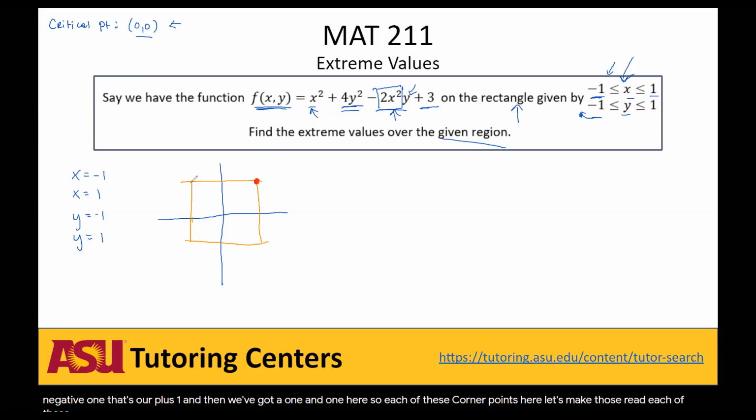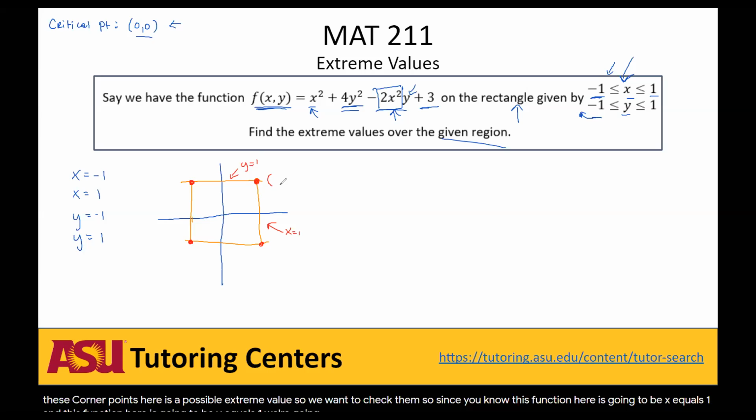Each of these corner points here is a possible extreme value, so we want to check them. Since this function here is going to be x equals 1, and this function here is going to be y equals 1, we're going to have a point here 1 and 1. Same, we're going to have a point 1 and -1 here, and then we're going to have -1 and -1 here.